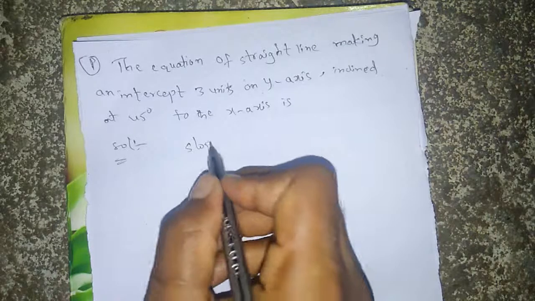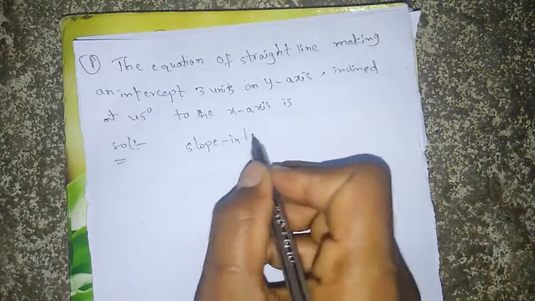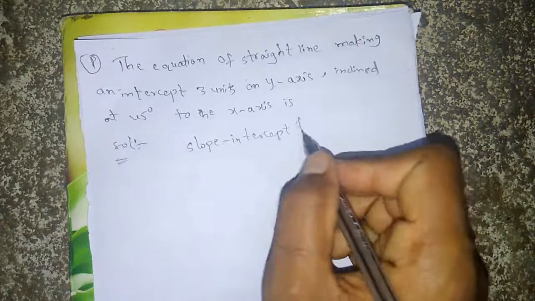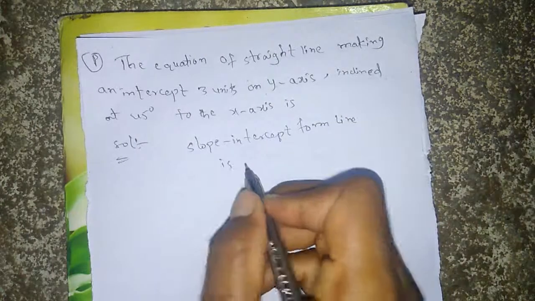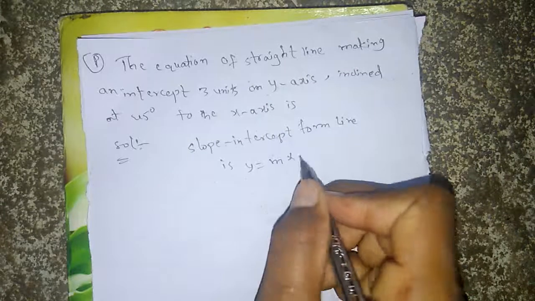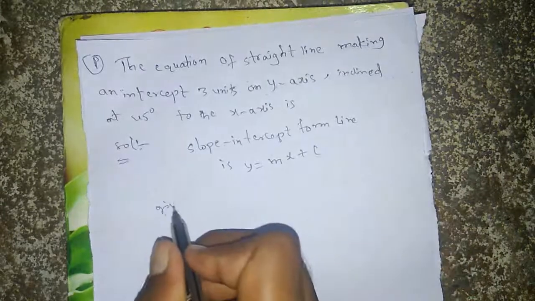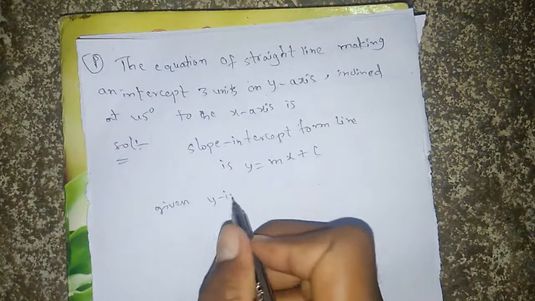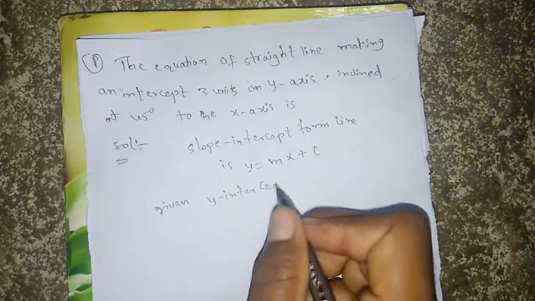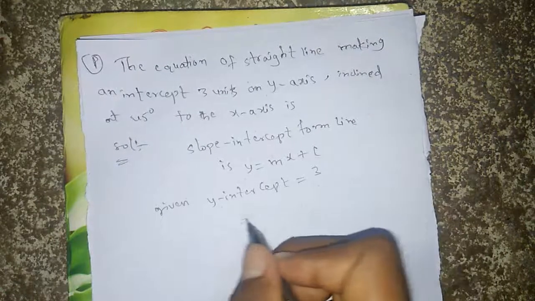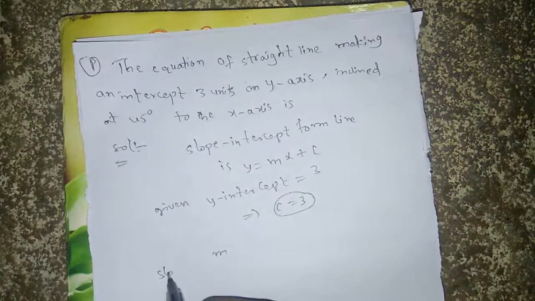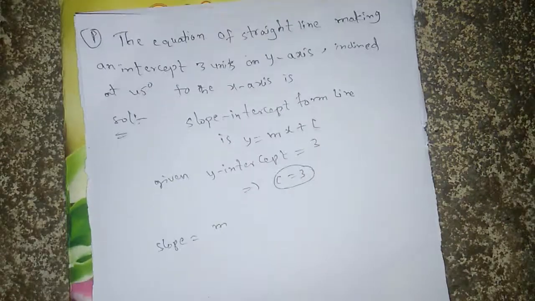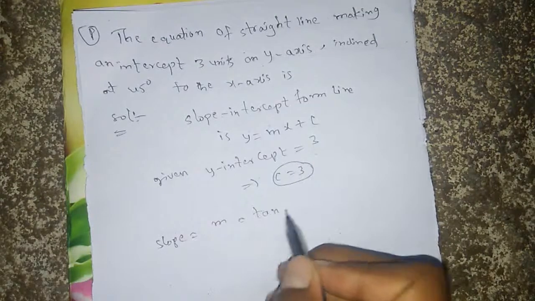The slope intercept form of a line is y = mx + c. Here given y intercept is equal to 3, which implies c = 3, and the slope m = tan theta.